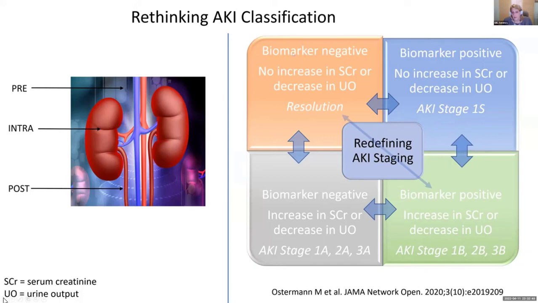And so let me give you an example of the damage biomarkers I'm talking about. Some that people might be familiar with are NGAL, NAG, and KIM1, which is kidney injury molecule 1.